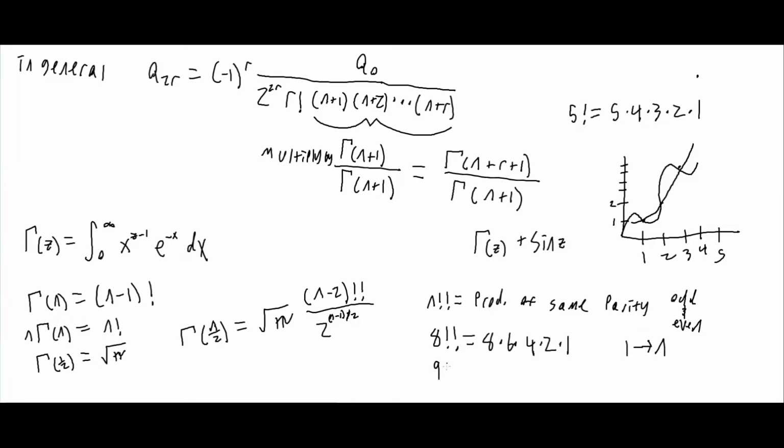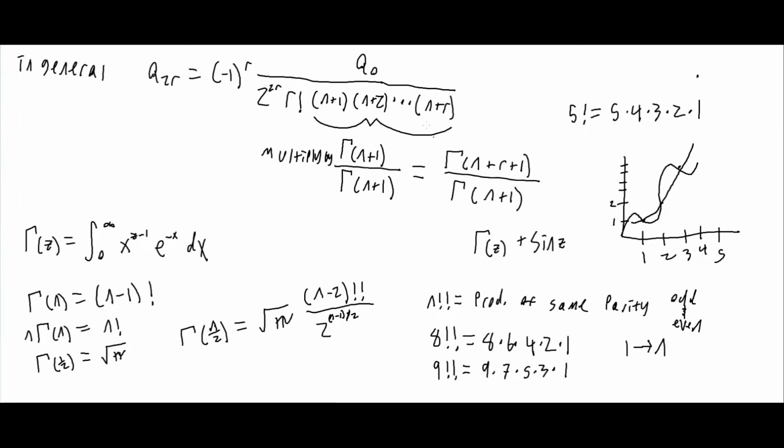Or if you had 9 double factorial, that would be 9 times 7 times 5 times 3 times 1. And so that's what that double factorial is. But anyway, these are just a few quick notes on the gamma function.